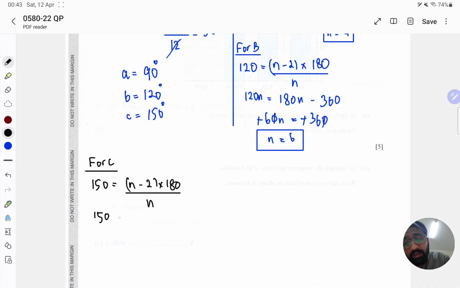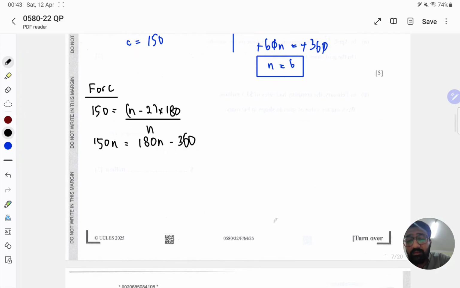So it is 150n equals 180n minus 360. If I subtract, it will be minus 30n equals minus 360. So the value of n will be 12.